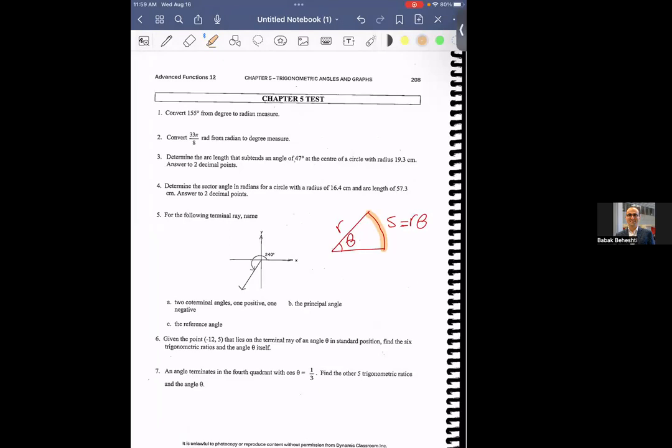That's the principal angle, the smallest positive angle. But the reference angle means the angle between this ray and the x-axis. Here, this red one is the reference angle.